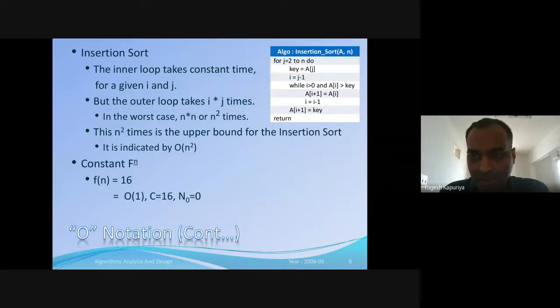So this is the actual objective of having this particular topic in the context of algorithm analysis and design. I hope you understood that, because understanding the context is important. Notation is relatively easy to understand, but the context of that is important to be understood.